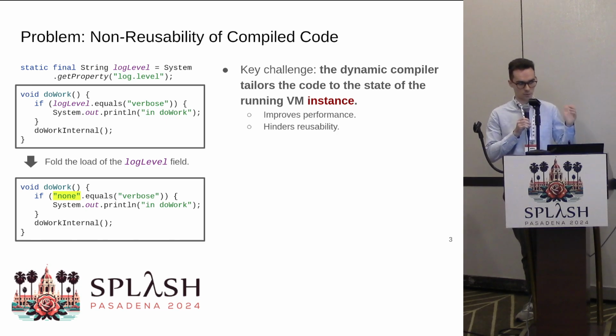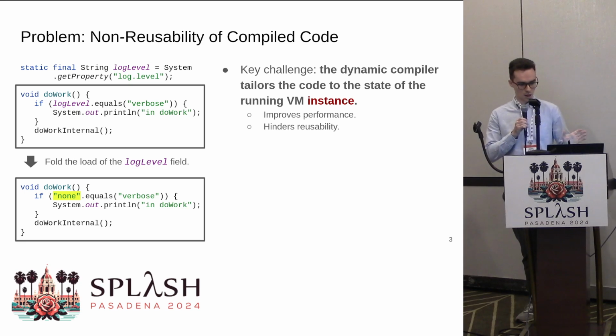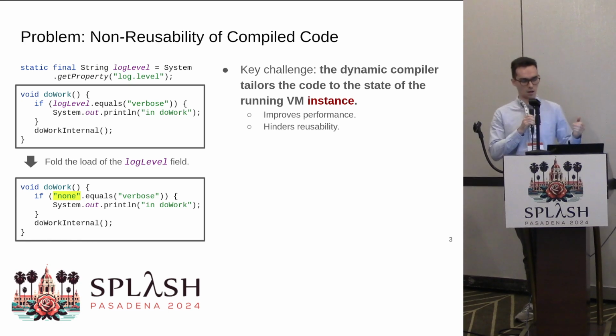So of course the optimizations happen at the IR level, but for the purpose of the presentation, I showed them as source code. So first, the log level field is declared static final. So in Java, once it has a non-null value, the compiler can load that field value during compilation and fold the load.